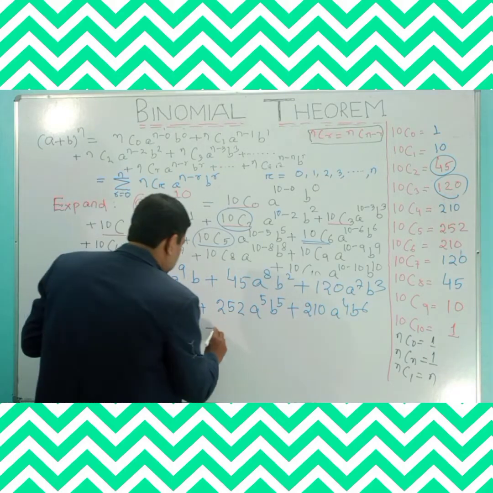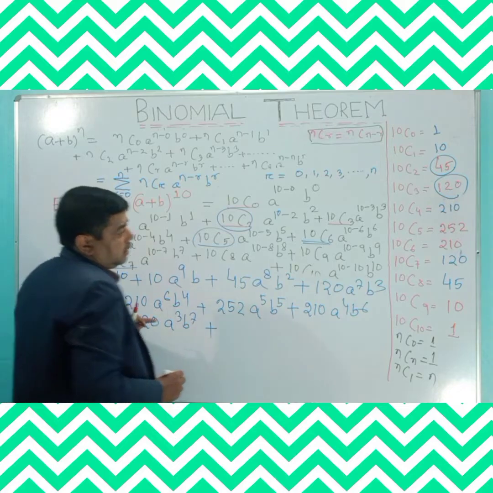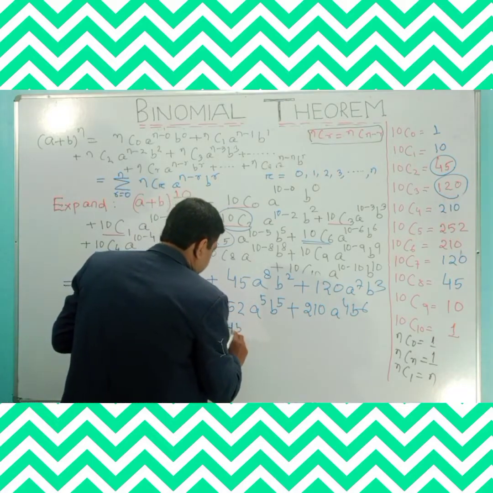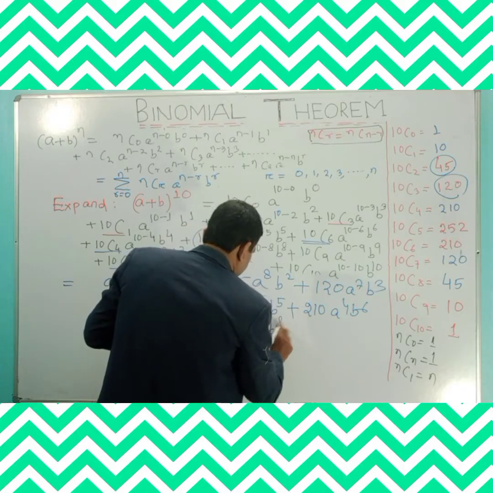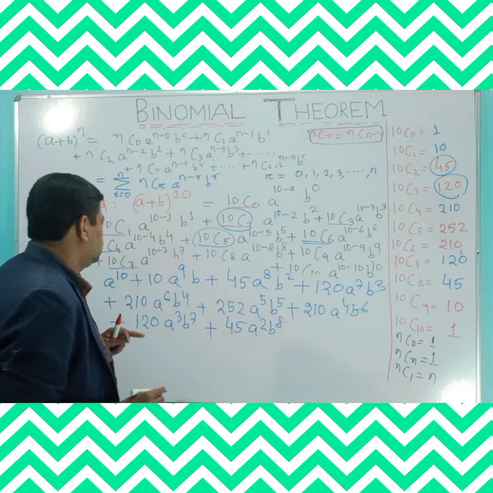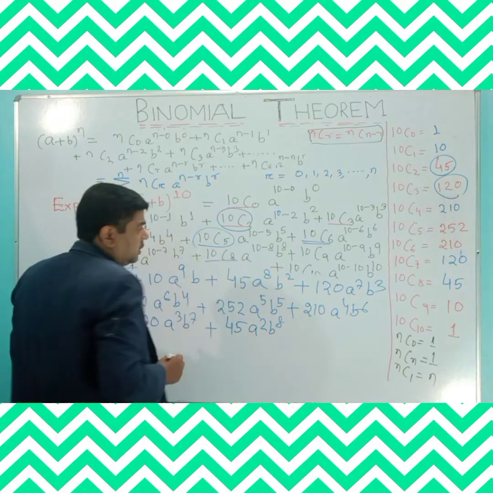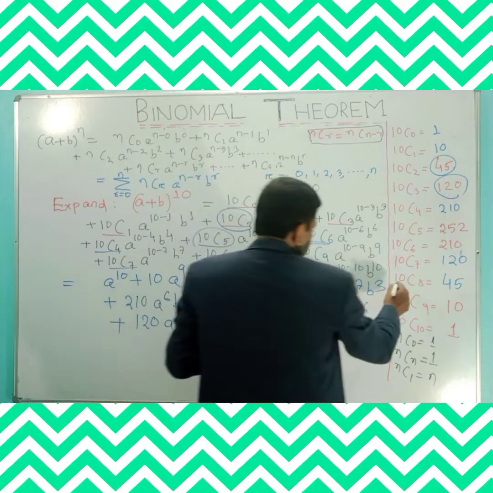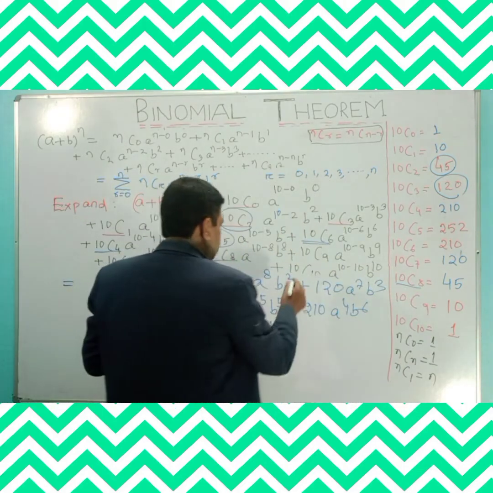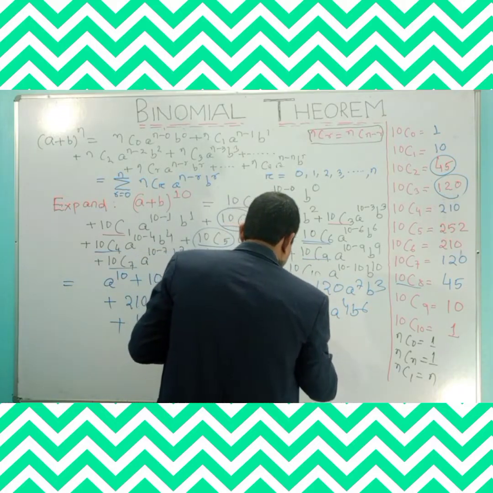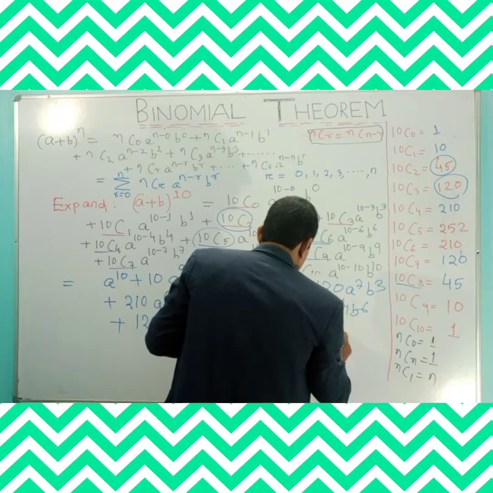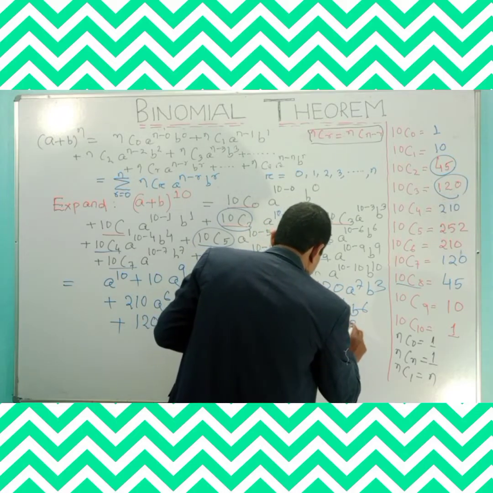Plus 10C8, value 45, yes, and a to the power 2, b to the power 8. Then 10C9, value 10, and a to the power 1, b to the power 9.